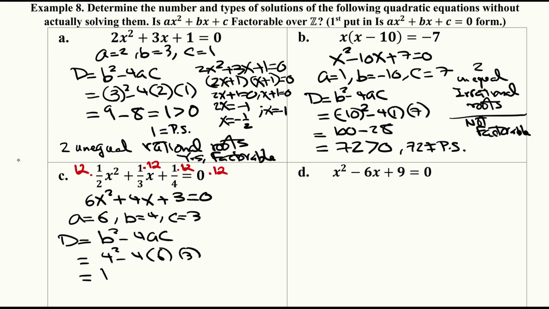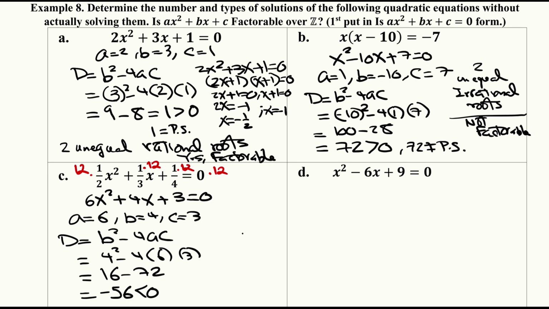So we end up with 16 minus 72, which is a negative number. I know that much, but let's go ahead and calculate it. If I recall correctly from when we did it, that should be negative 56. Let's make sure that's 12. Yeah, so negative 56. Now we can see that this is negative.